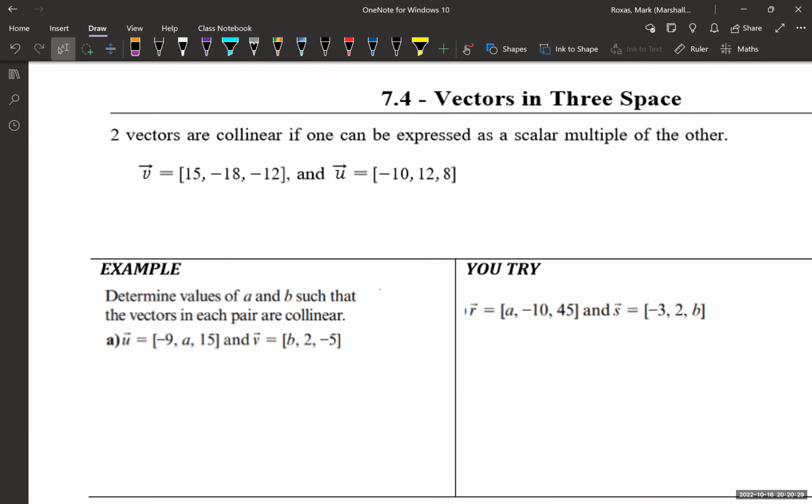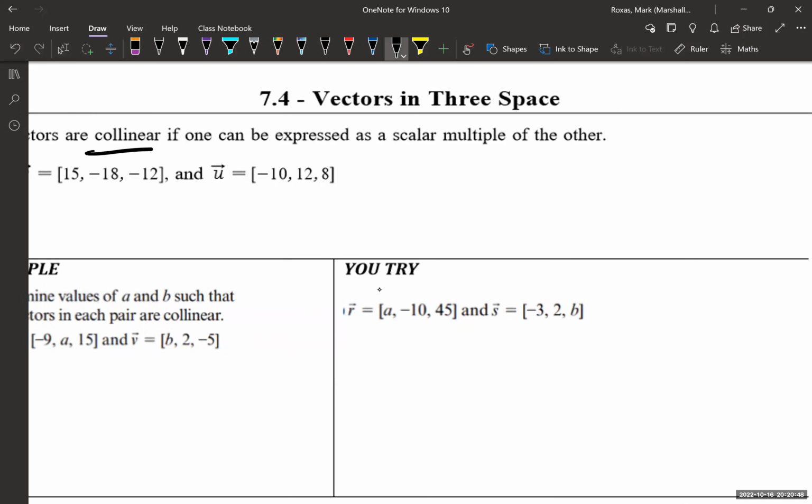The next part here: two vectors are collinear if one can be expressed as a scalar multiple of the other, right? So let's talk about some new concept here. Two vectors are collinear, meaning one vector can be expressed as a scalar multiple of the other.